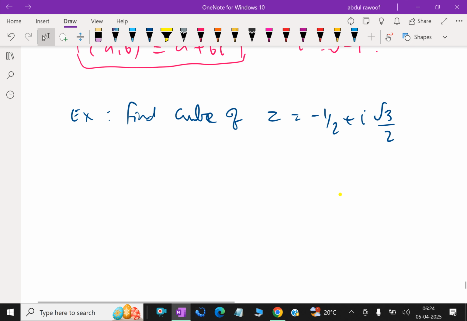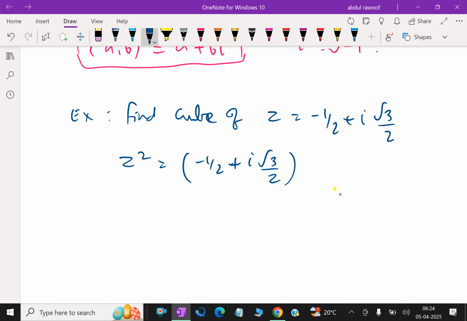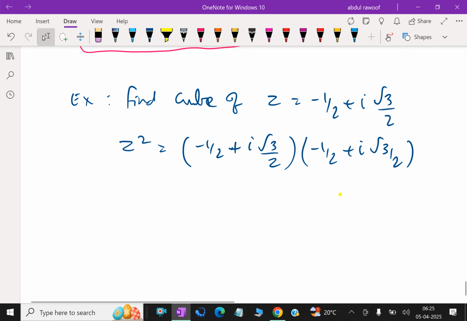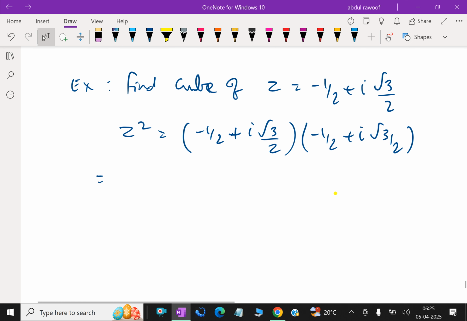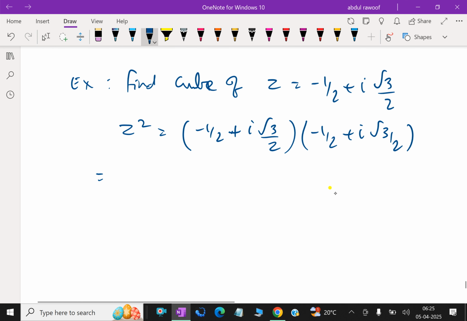Now, first we'll start with z square. Z square equals minus half plus I root 3 by 2 into minus half plus I root 3 by 2. Now we'll multiply: minus half into minus half is 1 by 4.